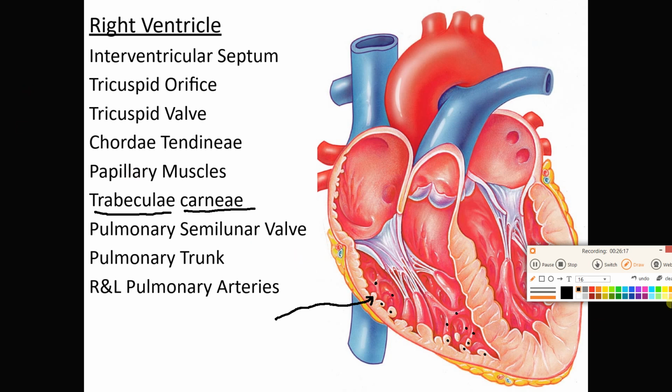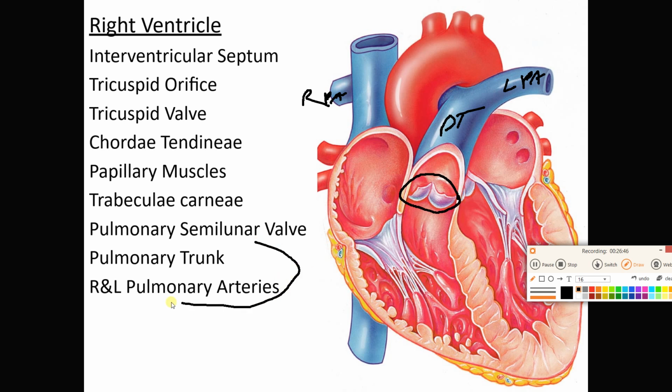All right, we know that the right ventricle is the pump to the pulmonary circuit. We met this guy. He was the pulmonary trunk. This guy was our left pulmonary artery, and this guy over here was our right pulmonary artery. We met them already. There is a valve at the base of the pulmonary trunk called the pulmonary semilunar valve. Because it is a valve, what's it going to do?